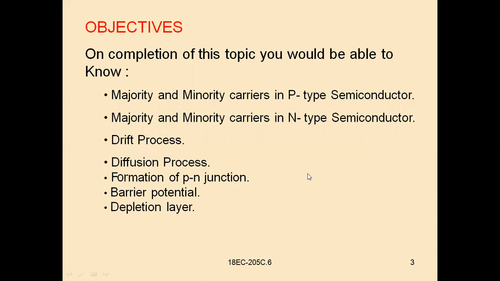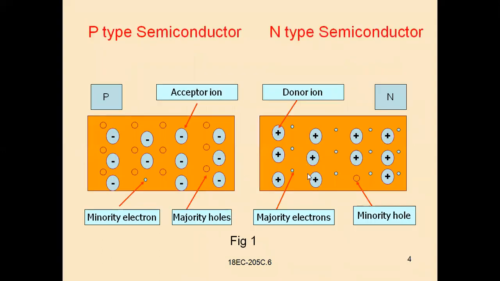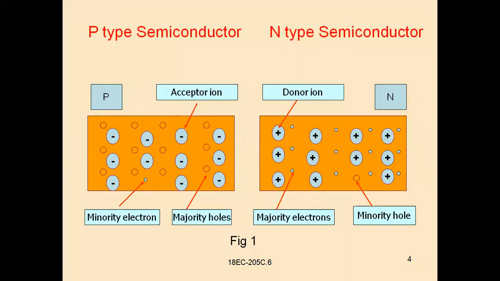So let us see here in p-type semiconductor, what are majority carriers and what are minority carriers? And in n-type semiconductor, what are majority and minority carriers? We have already discussed this regarding majority and minority charge carriers in earlier sessions. So in p-type semiconductor, holes are majority charge carriers, whereas electrons are minority charge carriers.